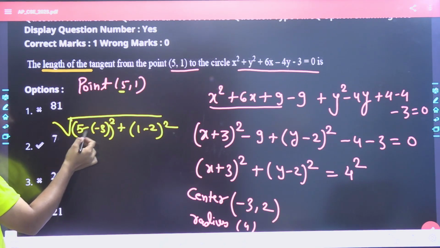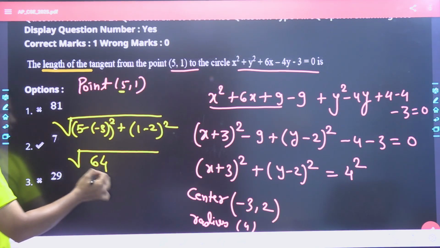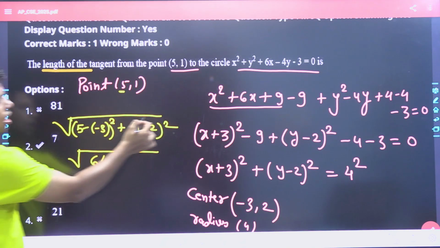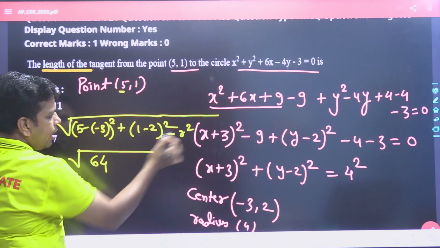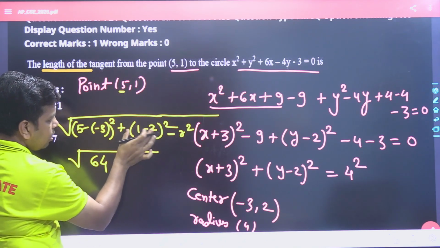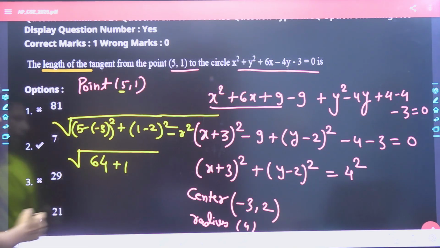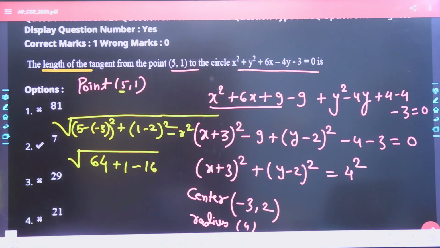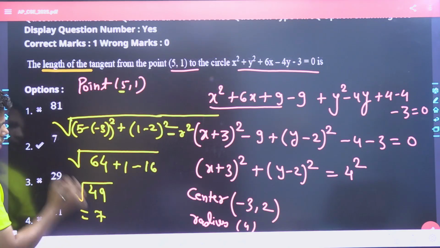So 5 plus 3 is 8, square becomes 64, this term becomes 1 only, and minus r square becomes 16. The square root of 49. On solving this, it gives you the answer 7.